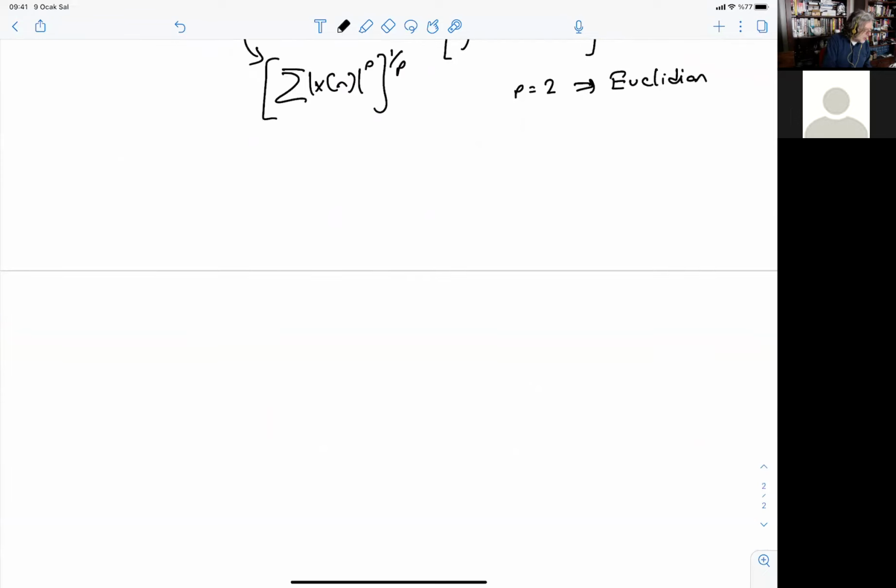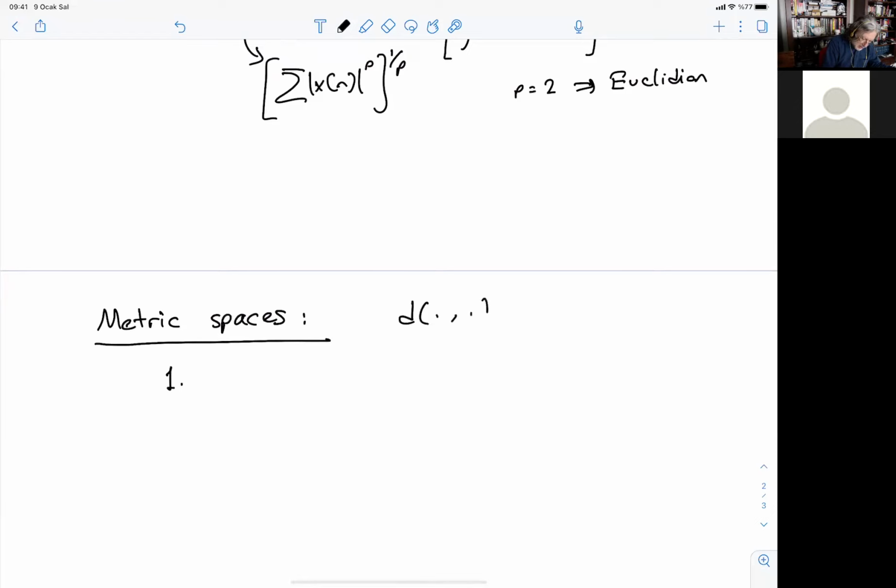So the next thing I will mention is a metric space. Metric spaces have their own axioms, properties. For metric spaces, we will have a distance. The metric corresponds to the distance between two vectors, so the operator will measure the distance between two vectors.